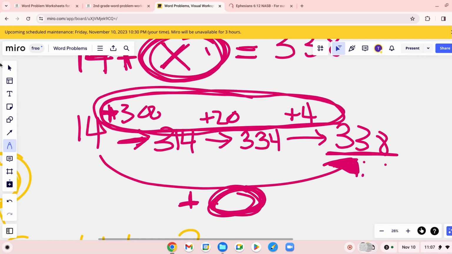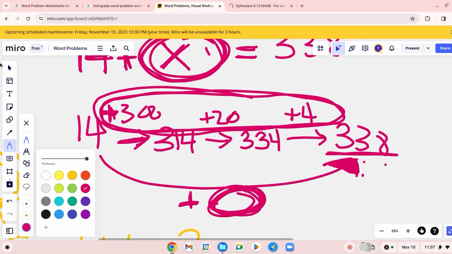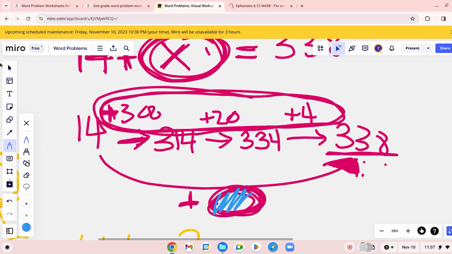All these steps that you need to get to 338, you sum it all up and then you get the missing number. So what number is that? Don't write it down.